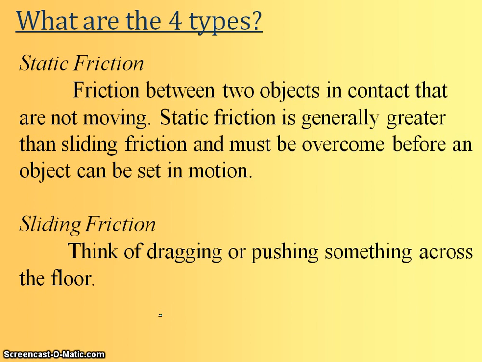Once you get it over that initial static friction, it becomes a little easier to move because then you're using sliding friction. Sliding friction occurs when we are dragging or pushing something across a flat surface, like a floor, or some other surface, just like a refrigerator or a box, something that you're moving.